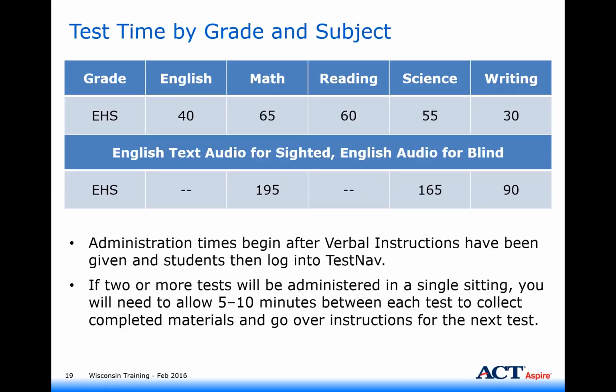These are student authorization tickets and scratch paper for your online sessions, of course scratch paper and completed answer documents and test booklets for your paper-based. So you need to make sure that you're planning time to collect those materials and distribute new ones, as well as go over those verbal instructions for the next test. So make sure you're planning for that time if you're, again, delivering 2 or more tests in a single sitting.